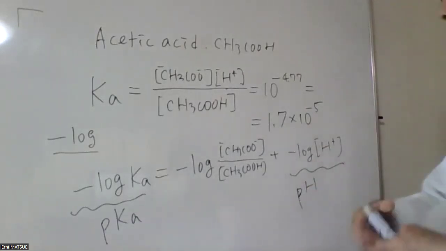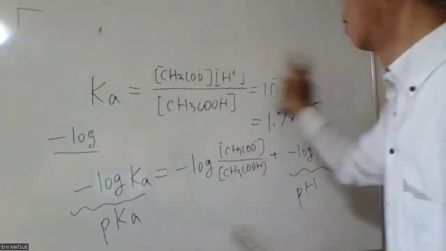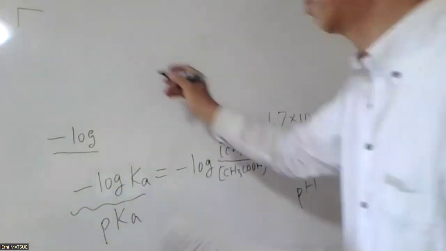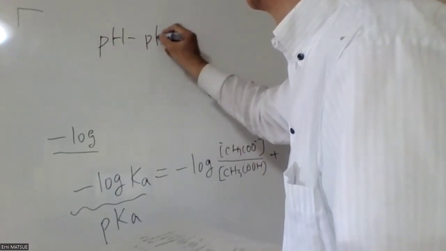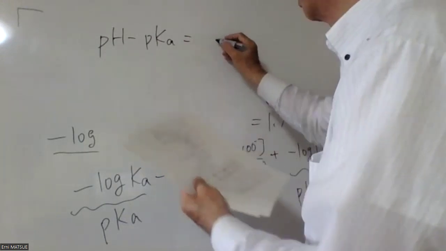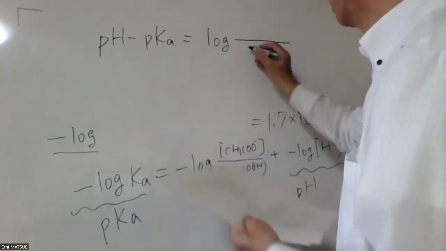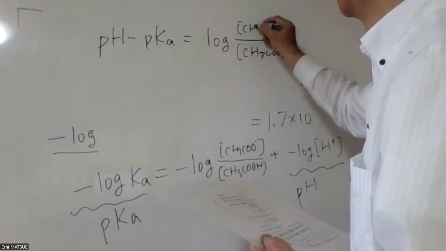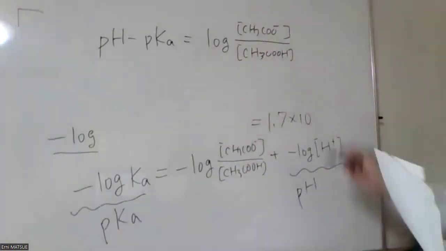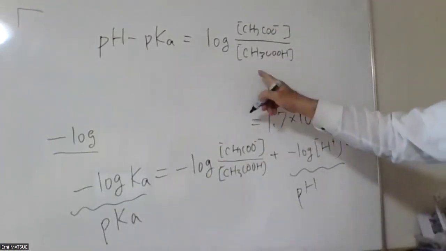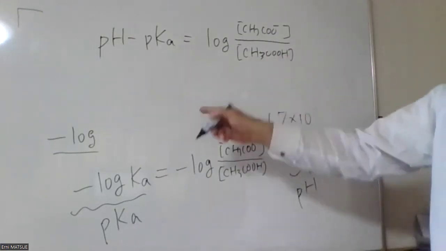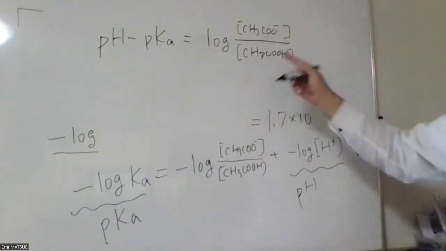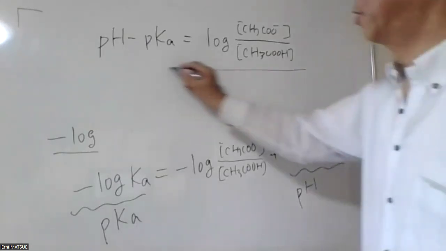Then finally, this is a fundamental equation showing the relation between pH and pKa and the ratio of undissociated and dissociated forms. Please memorize this equation.